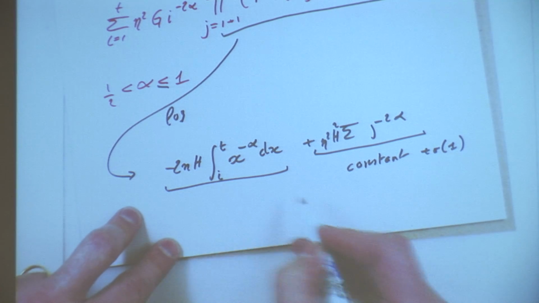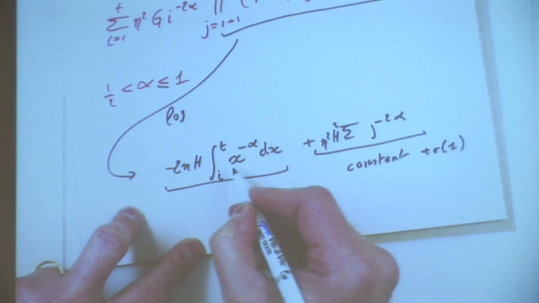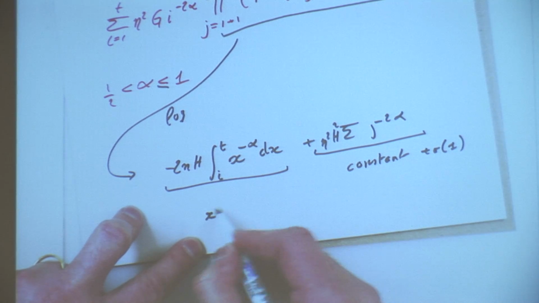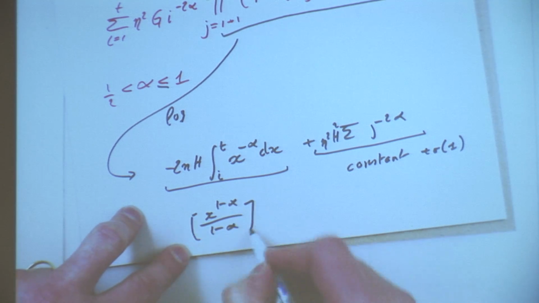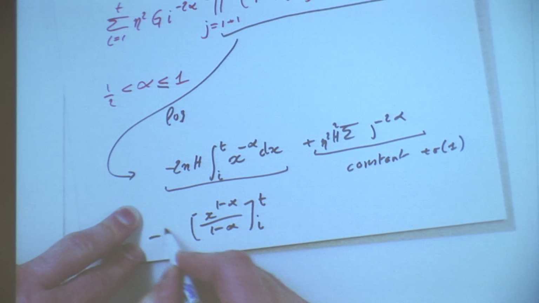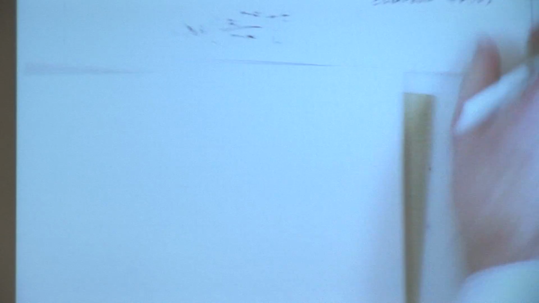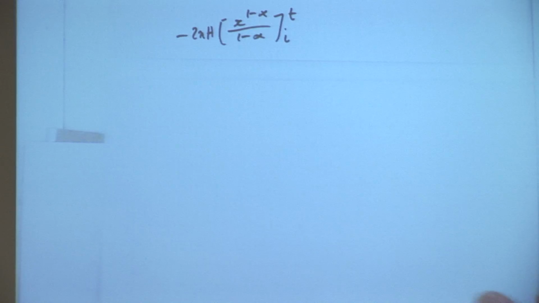So if alpha is less than 1, the primitive of this is x to the 1 minus alpha over 1 minus alpha, taken between i and t, times minus 2 eta h, plus a constant plus O of 1.